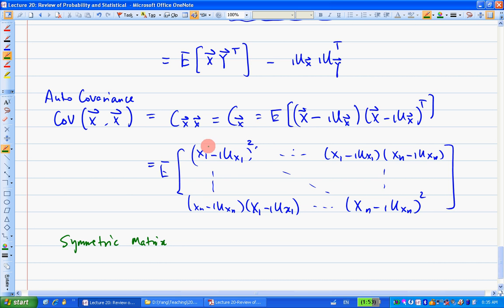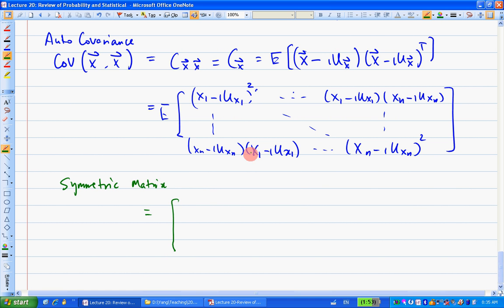Then you look at the diagonal elements here. What are they? This is (x1 minus mu x1) squared up to (xn minus mu xn) squared. So if I write it down in the matrix, this first element corresponds to the expected value of this, which is the variance, sigma x1 squared, and then up to sigma xn squared.